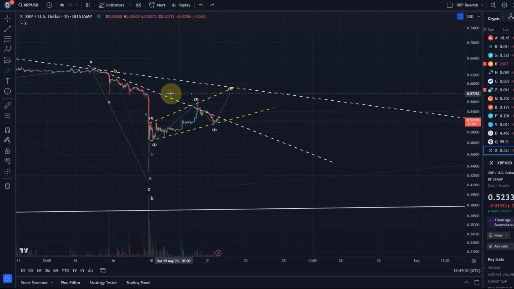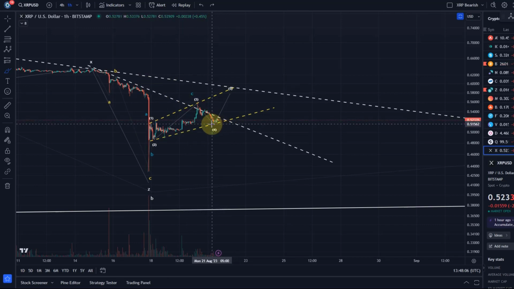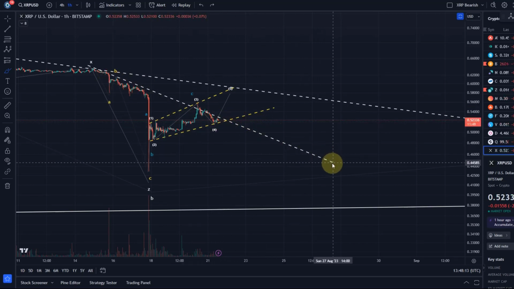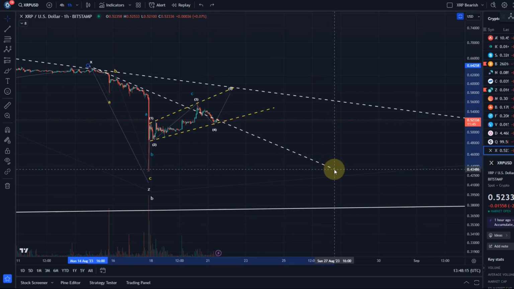And I already highlighted to you resistance is here around 57.58, where the sell-off candle basically started. So this is what we need to watch in the short term, really here, these trend lines. And you see a decision is imminent because price is heading into the apex between the descending trend line and the ascending trend line. You might even need to adjust the trend line here a little bit, but I don't think it changes much.